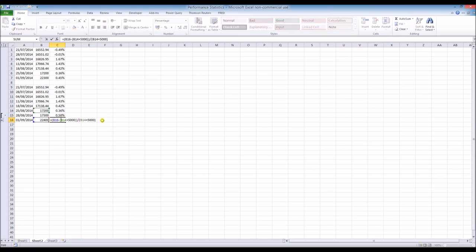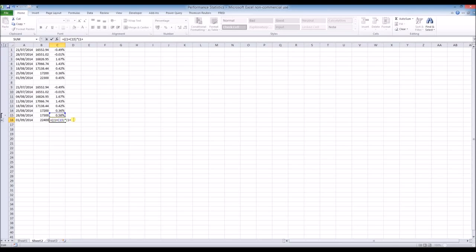So to work out the return, we do equals 1 plus the return for the first half of the week times by 1 plus the return for the second half of the week, and then all of that minus 1.